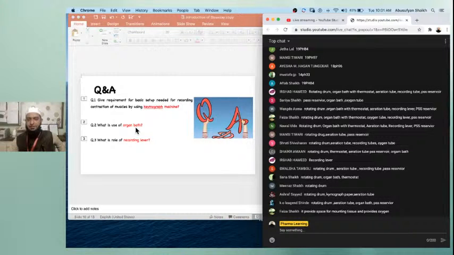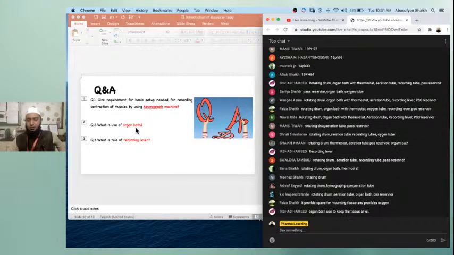Okay, Faiza has written the first answer. Very good, Faiza. She has mentioned that it provides space for mounting tissue and provides oxygen. You are very right, Faiza. One more thing we have seen in case of organ bath.